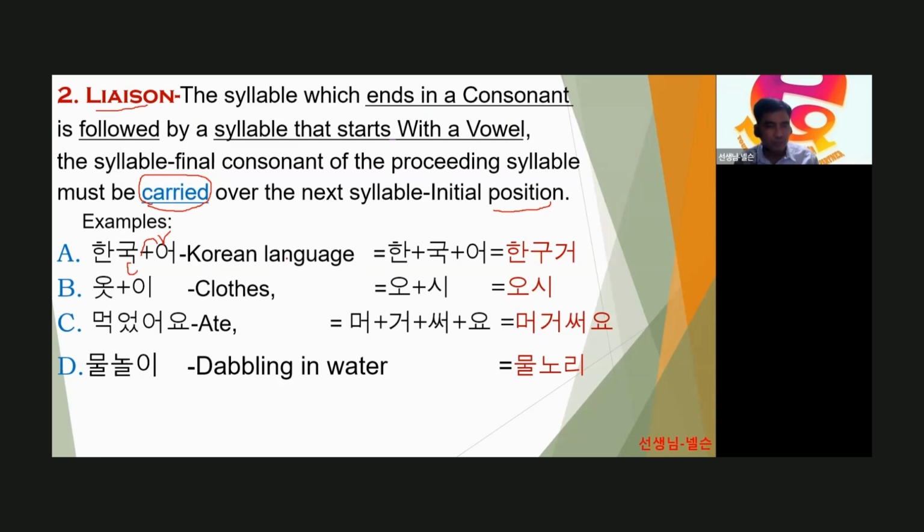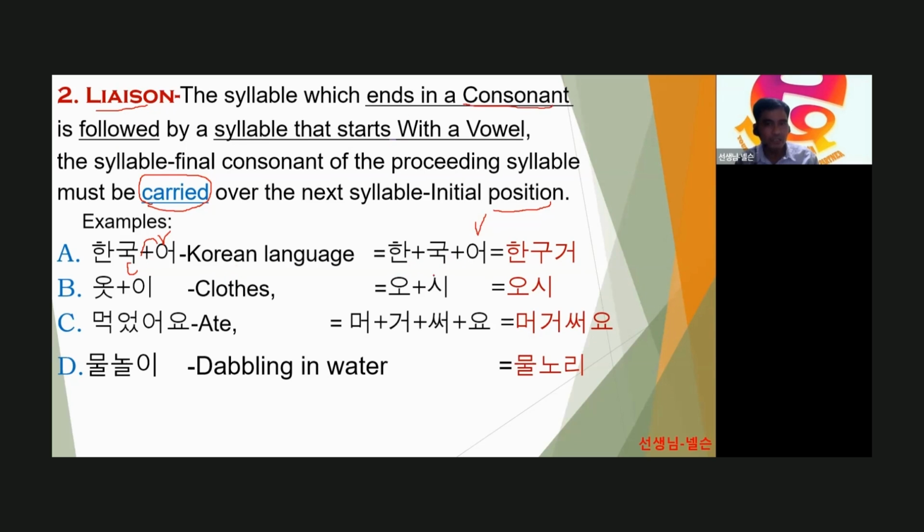For example, number 1, letter A, Korean language. Pagka Korea lang, Hanguk. Pagka Korean language, Hangugo. The first syllable is Han. The second syllable is Guk. Then the third syllable is O, so this character is a vowel.